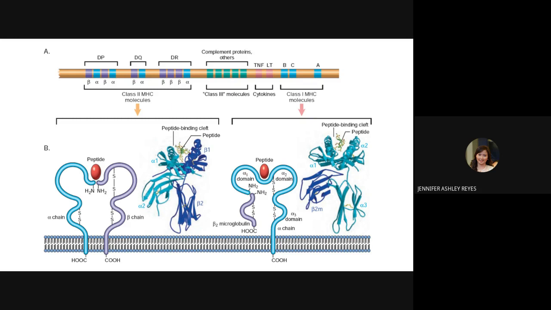Ito, class 2 regions. So, in this area naman, the structures of class 1 and class 2 regions are also shown. So, ito ang itsura natin, class 2 MHC and class 1 MHC.